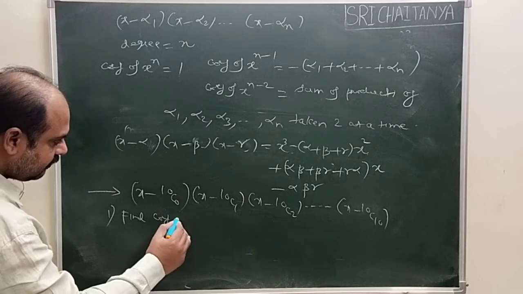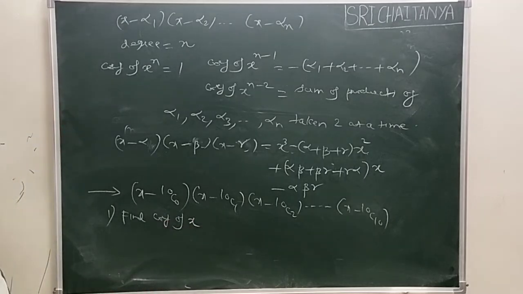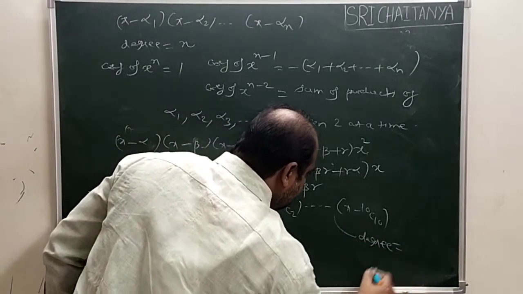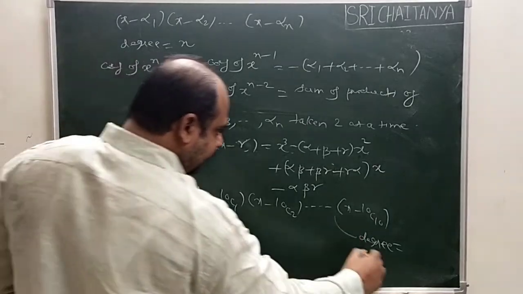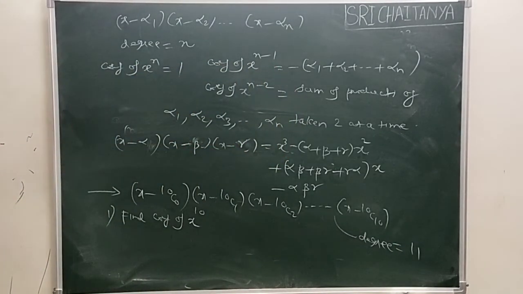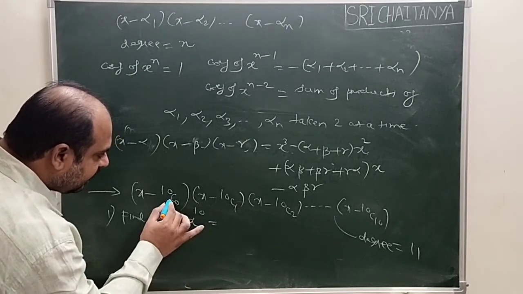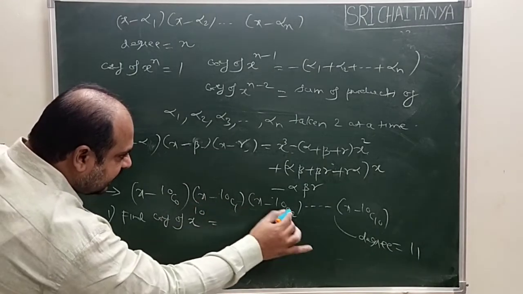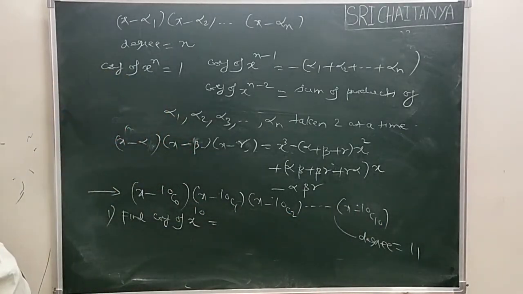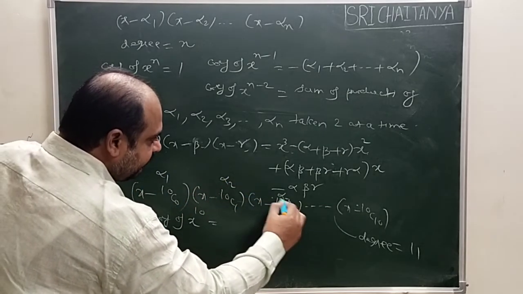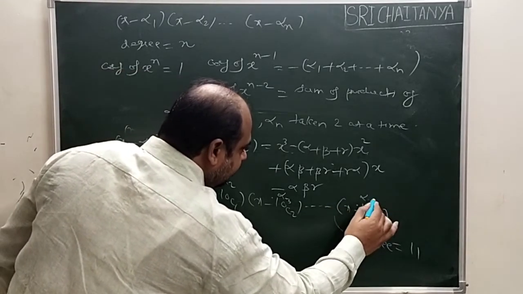Find the coefficient of x power 10. What is the degree of the given polynomial? From 0 to 10, that means x power 11. The coefficient of x power 10 means the second highest degree. The roots are alpha 1, alpha 2, alpha 3 up to alpha 11.